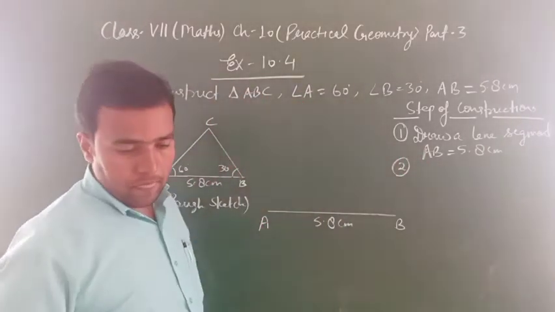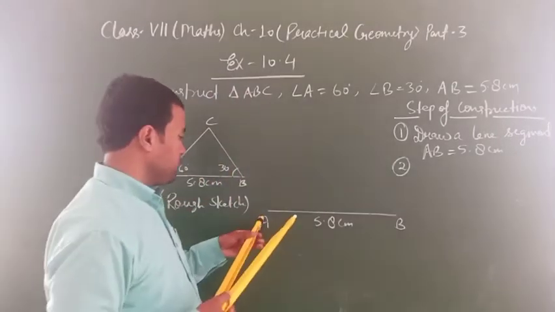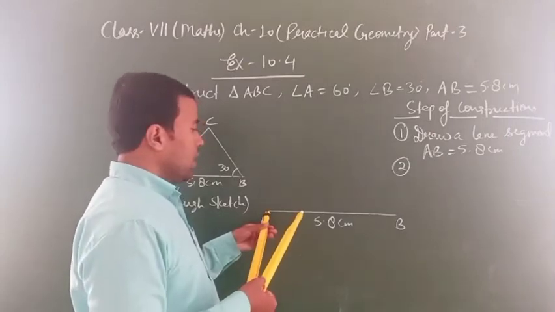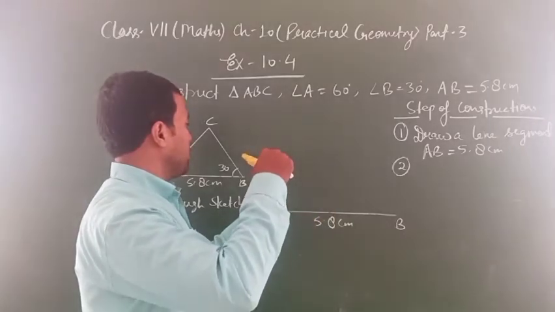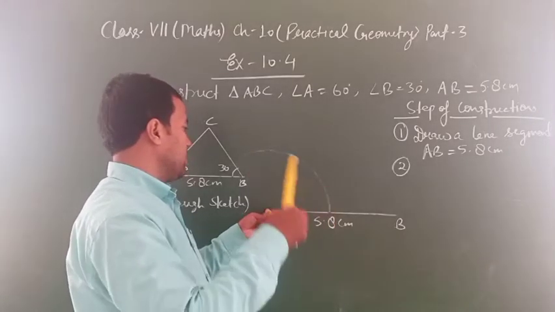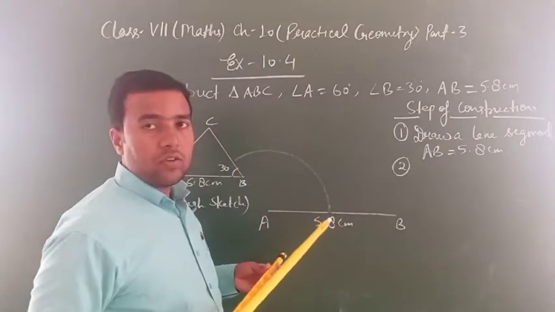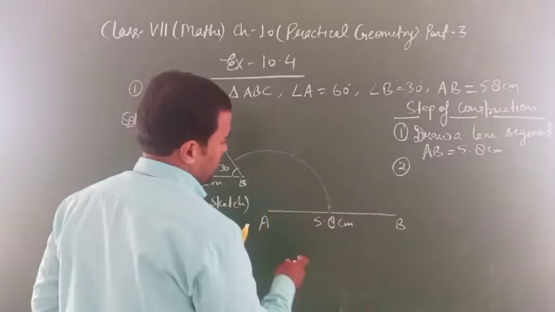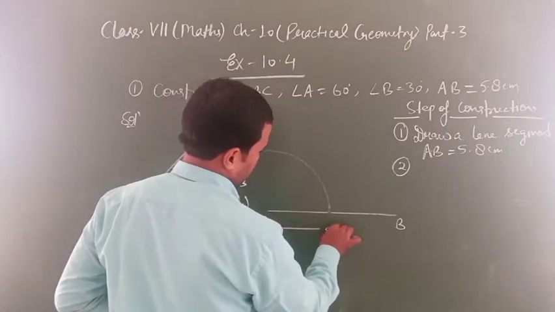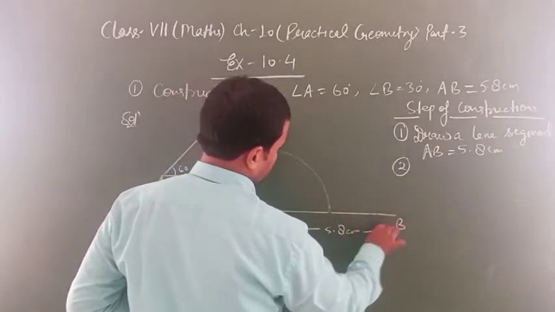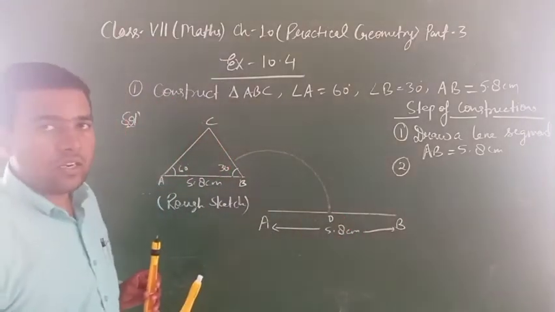Second step. With A as a center, clear? And we will take more than half distance, clear? And make one arc like this. Okay? Clear? Then name is D. We can write.